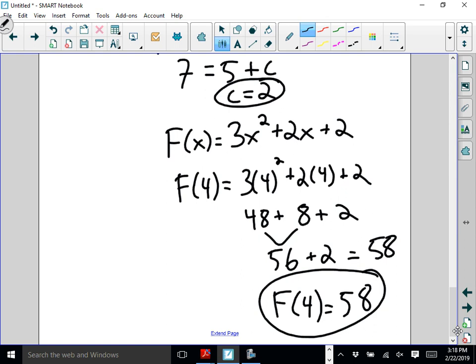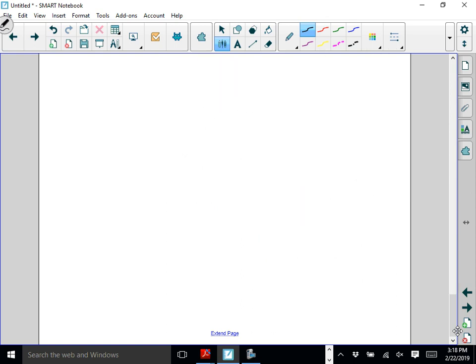So here's what we know. I know that f prime of x equals 2x cubed plus 1.